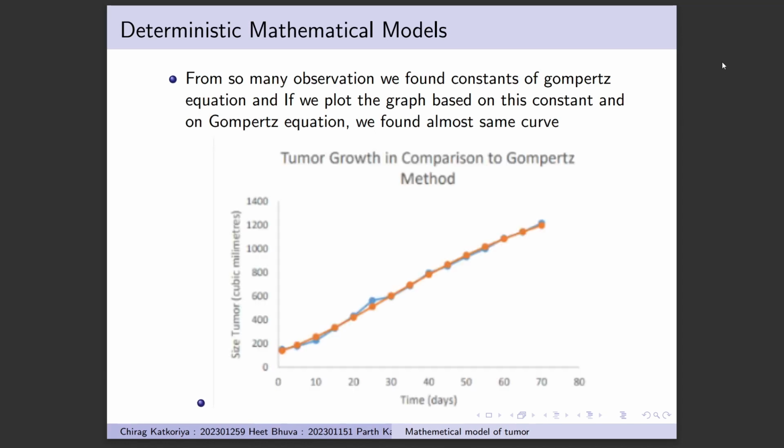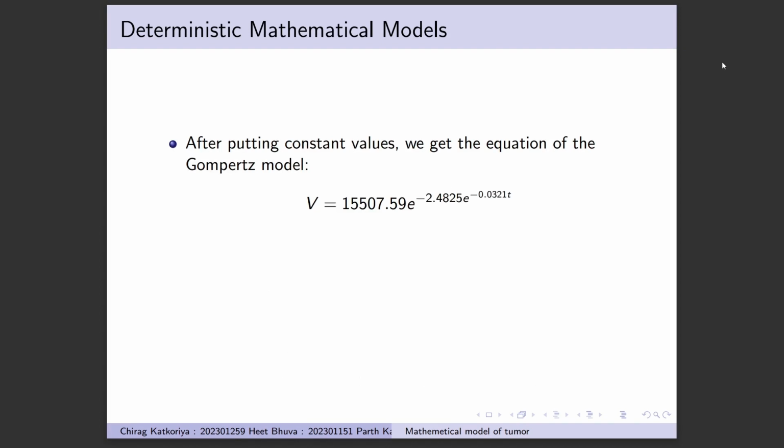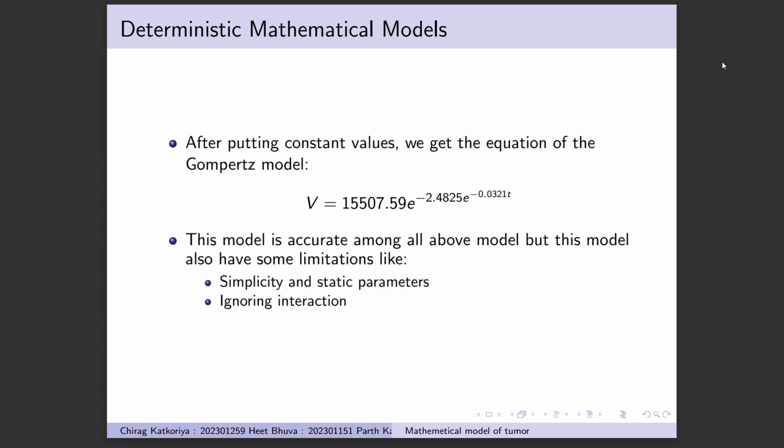We can see that the orange line is the Gompertz curve and the blue line is the clinical data. It almost matches. So if the parameters are chosen specifically, the model can become successful. For the particular graph we saw before, these were the values of beta, c and alpha.